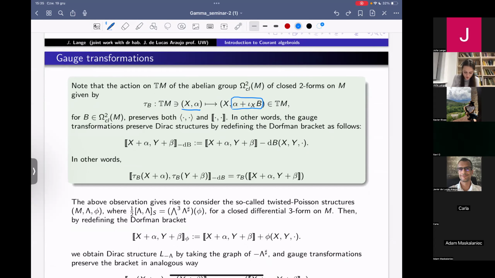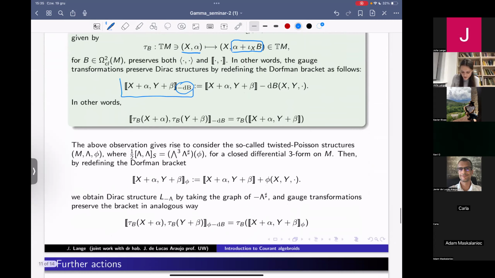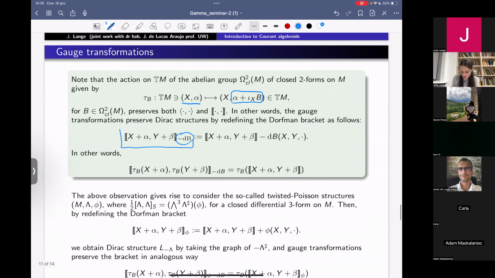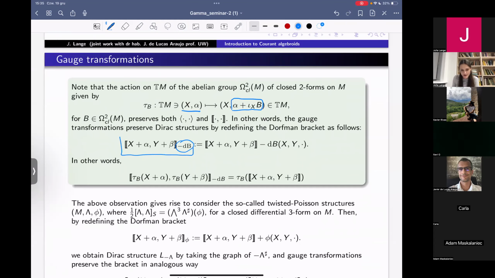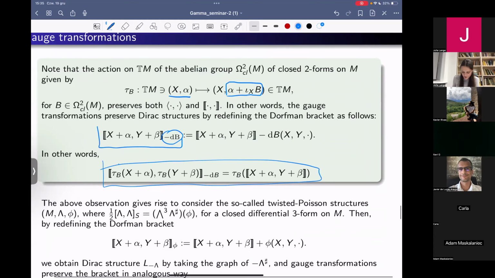So we define the new Courant bracket with this addition of minus the exterior derivative of two form B. So it consists of the original bracket minus dB contracted with vector fields X and Y. So in other words, we can write this formula. Okay, so this is the morphism of our Dirac structures, right?